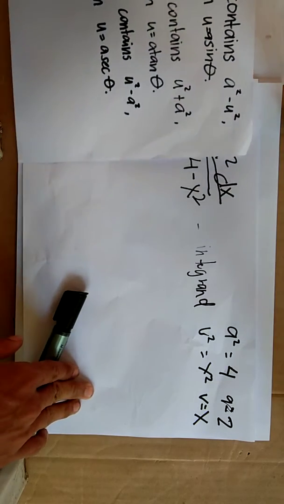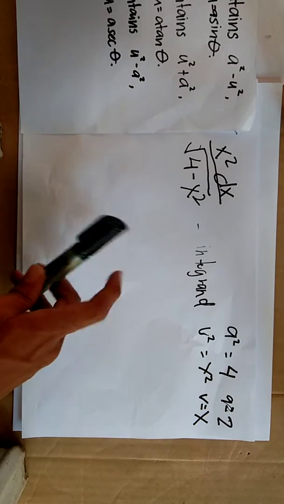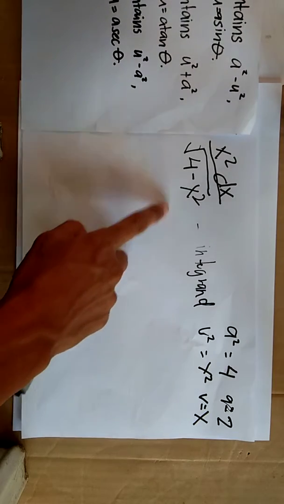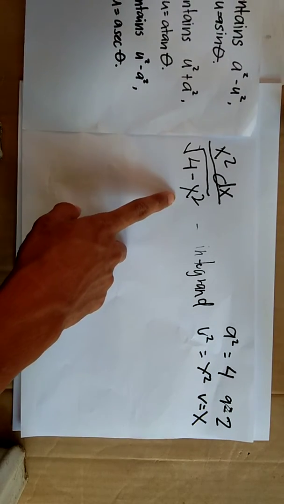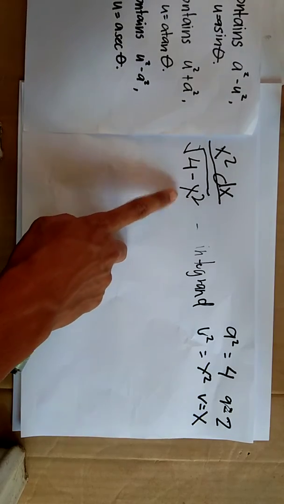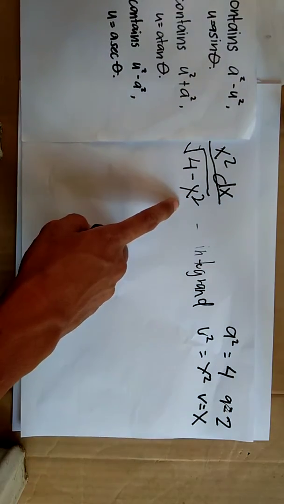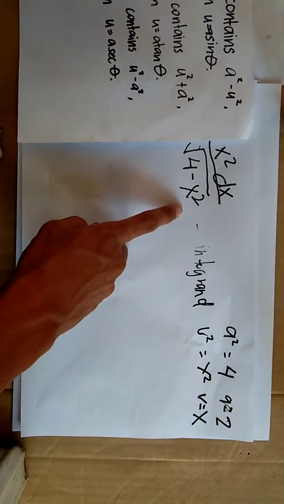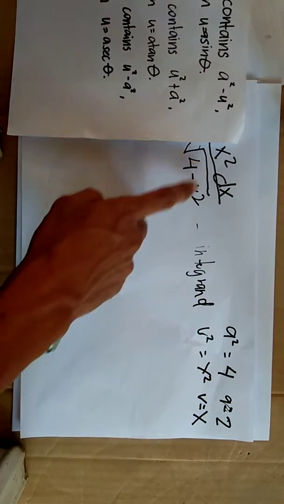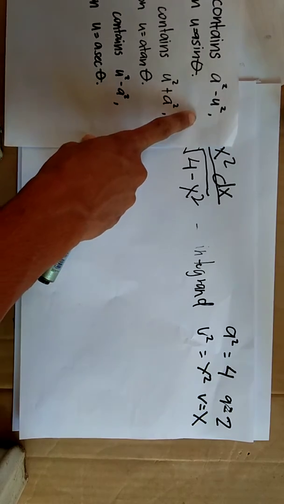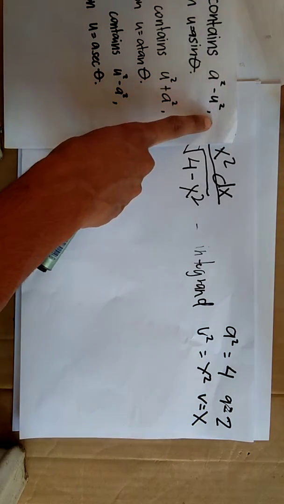Here in our problem, since our integrand is 4 minus x squared, it falls under the first case, a squared minus u squared.